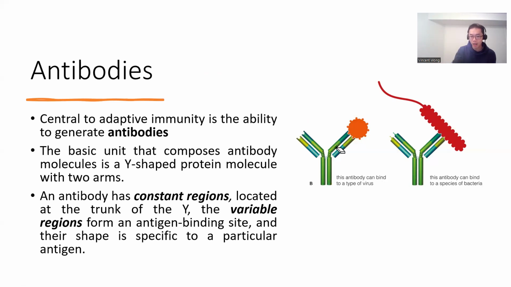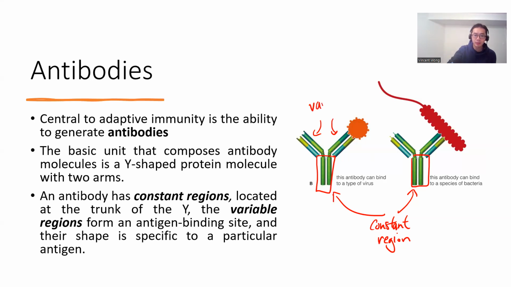First of all, it's a Y-shaped protein, and then there is the handle, which is the same for all the antibodies. We call that the constant region. And then the arms of the Y, that is the variable region.